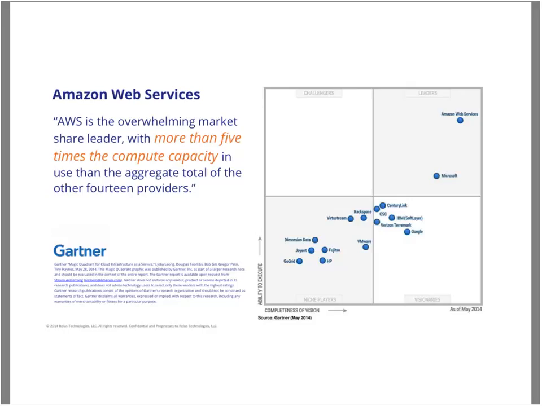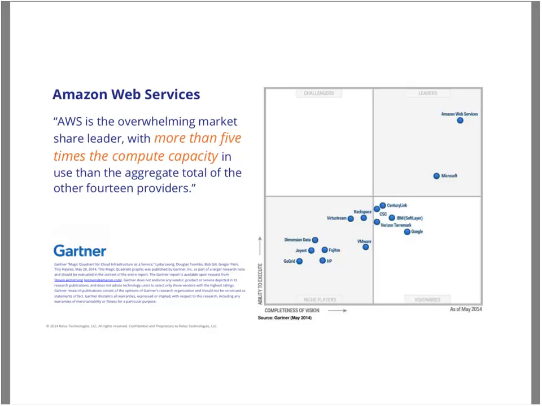As you can see here from Gartner, they referenced Amazon's current market share and discussed their complete compute capacity in comparison to the rest of the market. And they found that Amazon actually has 5 times the compute capacity of all of these other 14 providers combined. And that was about a year ago. I think that's continuing on that same trajectory at this point.